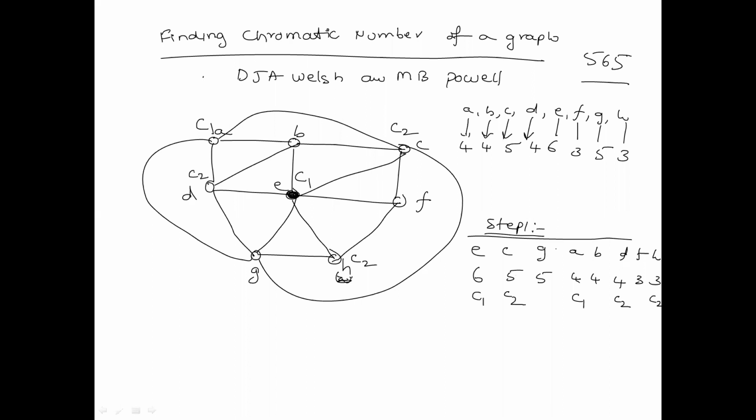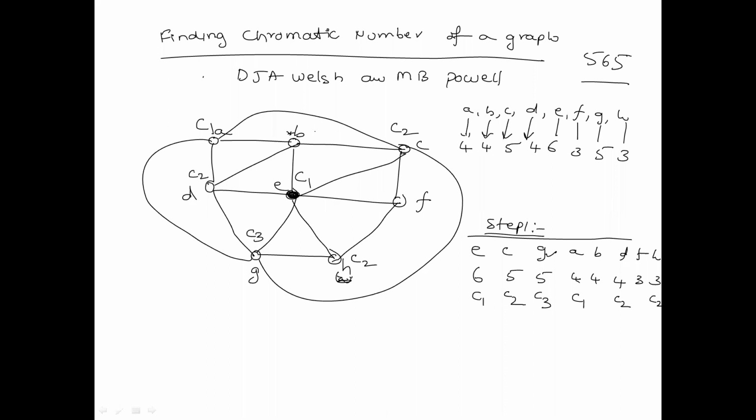Then what is the next highest degree? G. So obviously you give the next color, C3, color 3, to G. Then the remaining vertices are B and F. See whether B and F are adjacent to G or not. G is not adjacent to B, and G and F are not adjacent, and B and F are not adjacent.